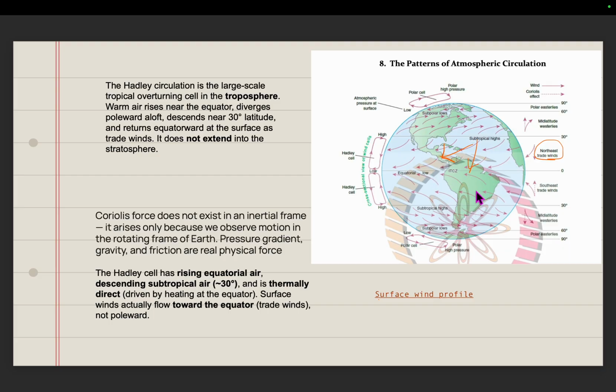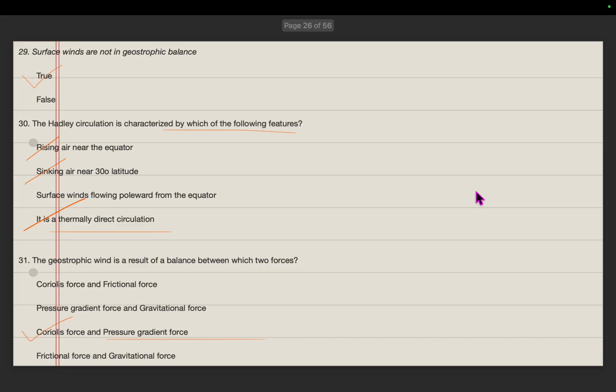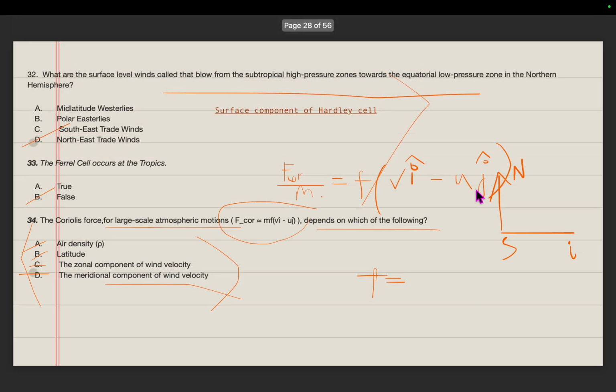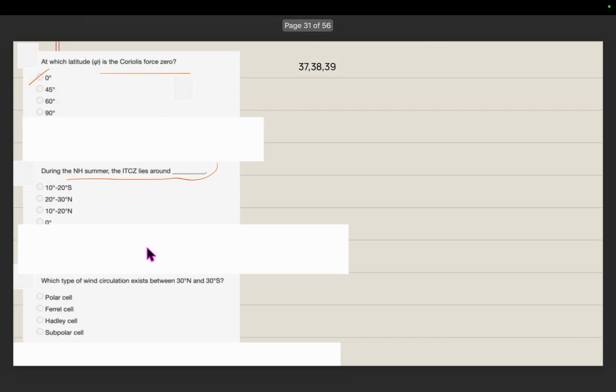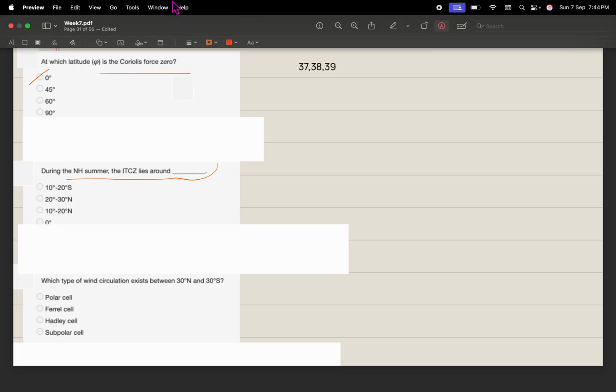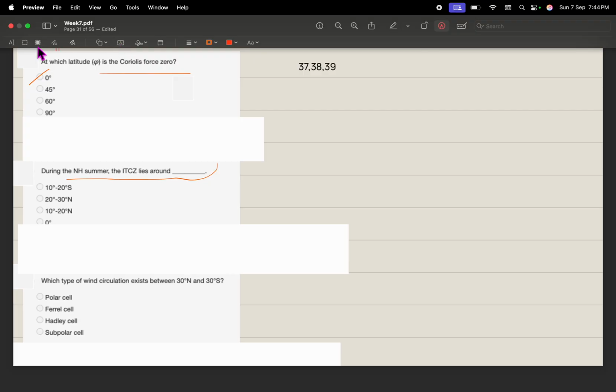So this ITCZ is known to shift with northern hemisphere summer and northern hemisphere winter. During northern hemisphere summer, the ITCZ is seen around 10 degree to 20 degree latitude, not just above the 0 degree.